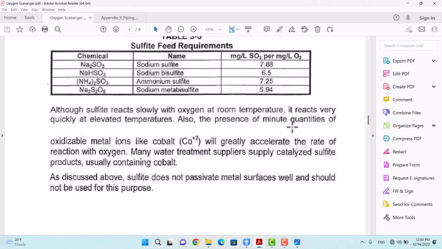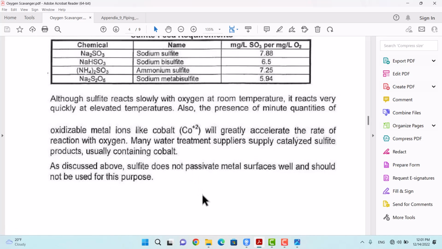Also, the presence of minute quantities of oxidizable metal ions like cobalt will greatly accelerate the rate of reaction with oxygen. Many water treatment suppliers supply catalyzed sulfite products, usually containing cobalt. As discussed above, sulfite doesn't passivate metal surfaces well and should not be used for this purpose.